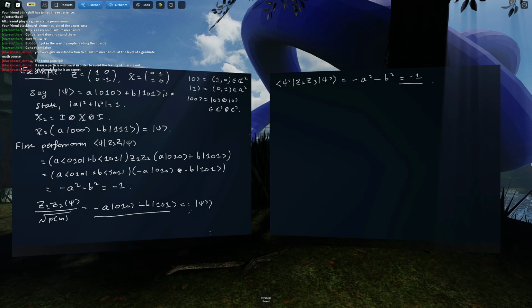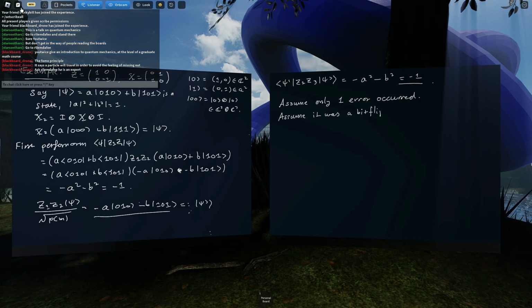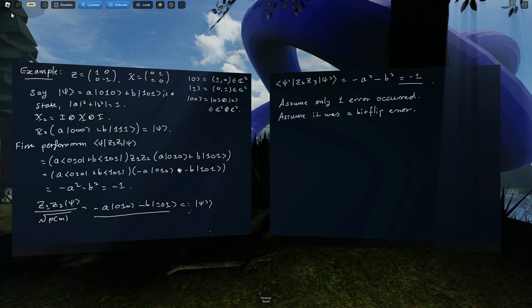So now what we're going to do is just think about it. So we say, assume only one error occurred. Assume also that it was a bit flip error.